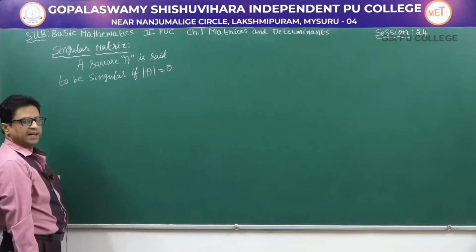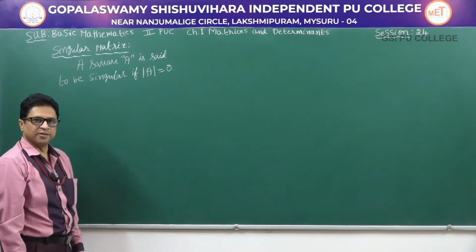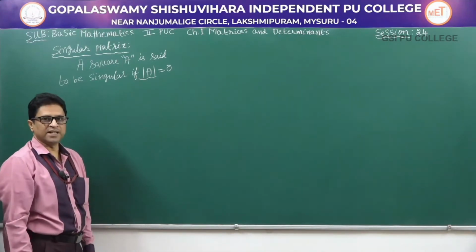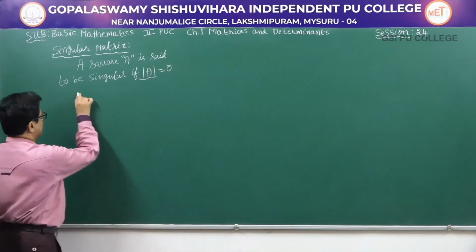That is, a matrix A is said to be singular if the determinant of that matrix will be always equal to 0.